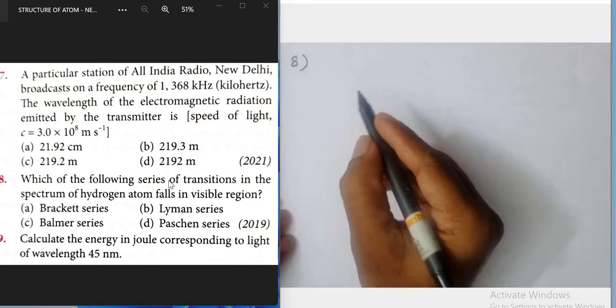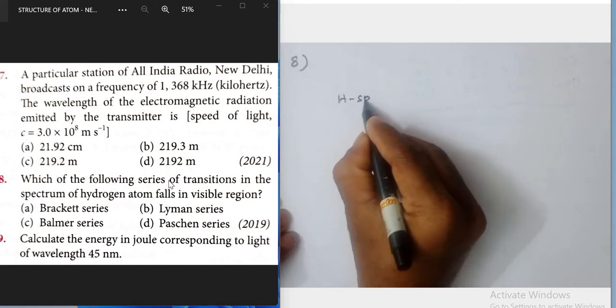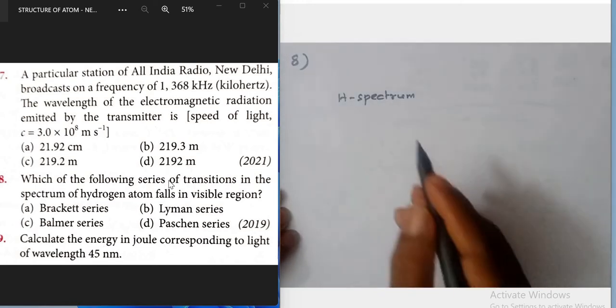Question number 8: which of the following series of transitions in the spectrum of hydrogen atom falls in the visible region? You know very well, I have told you that in the hydrogen spectrum we have different series of lines. What are they?